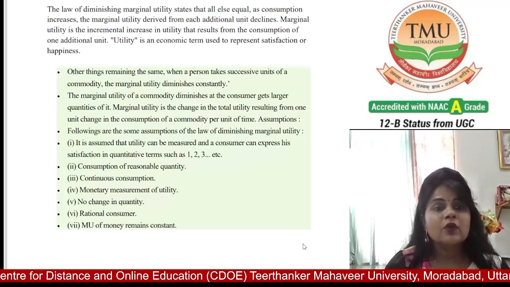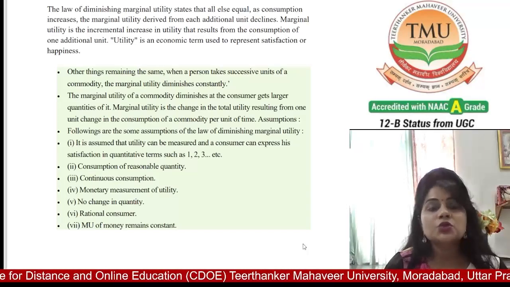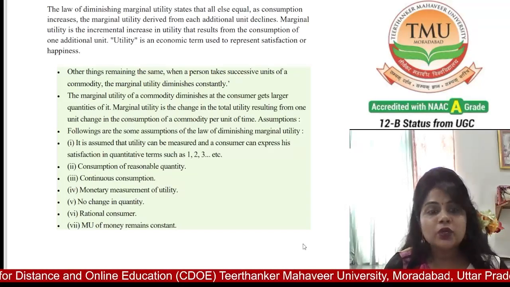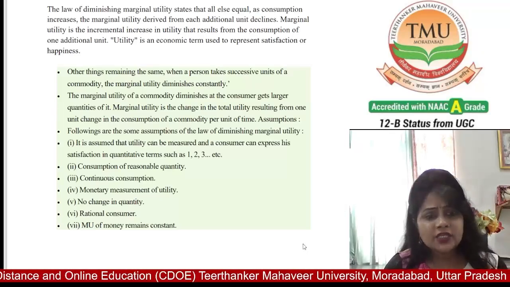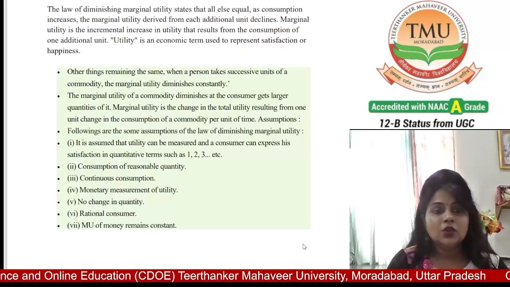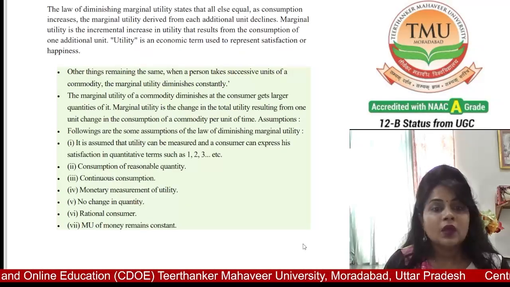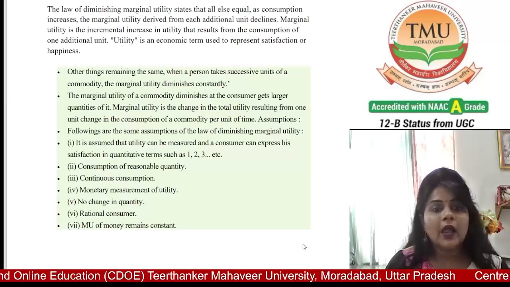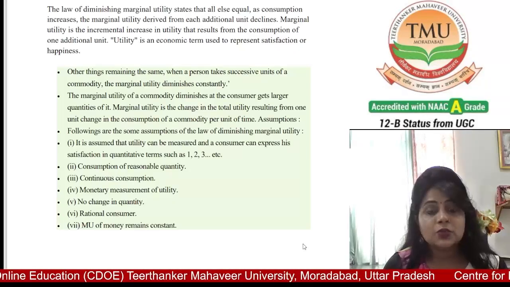If a thirsty person is given a spoon of juice, each extra spoon will increase utility. Therefore, for the law to be true, a proper quantity of the goods is to be consumed.